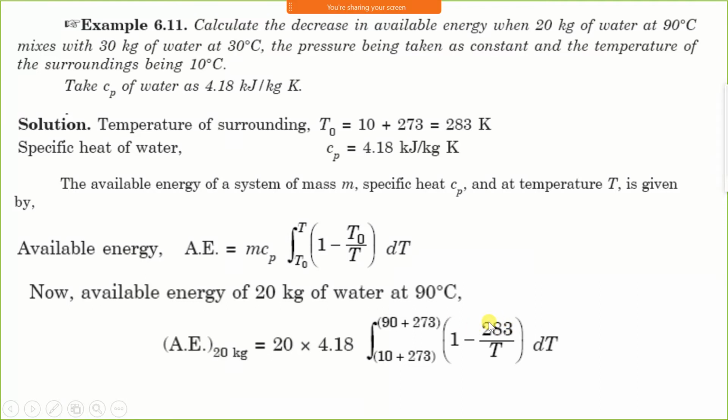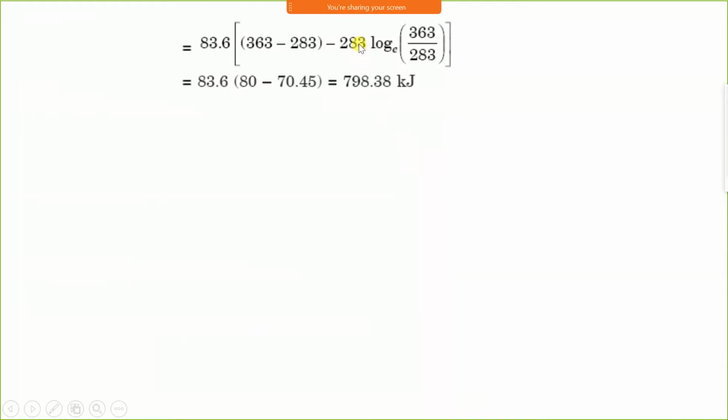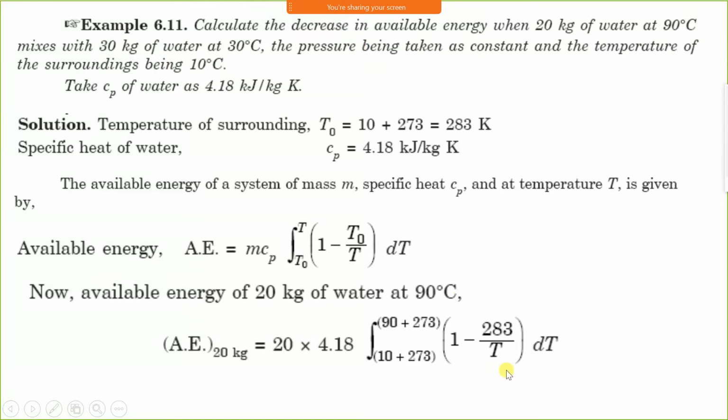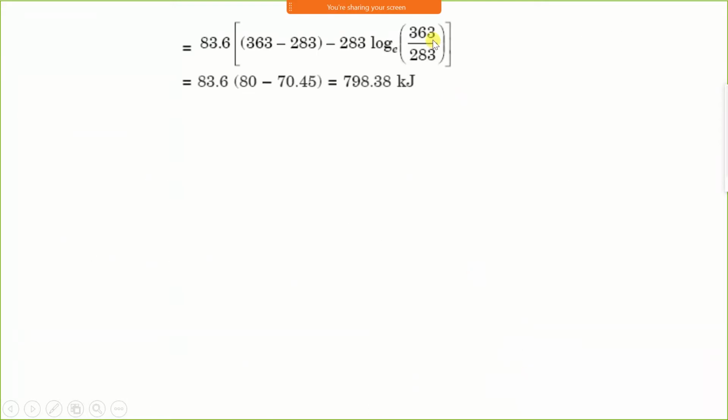Now the integration of 283 upon T into dT. 283 is a constant, therefore take it outside the integration, and the integration of 1 by T into dT is the log of T, that is ln of T, and when we apply the limits then it will be log of upper limit by lower limit.